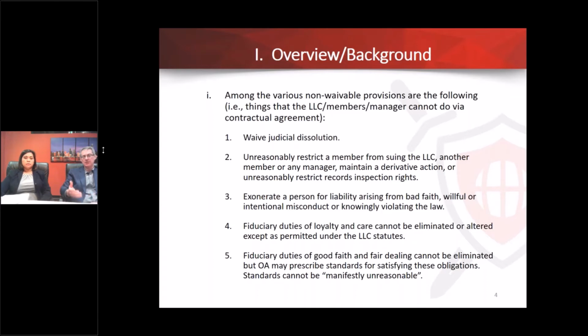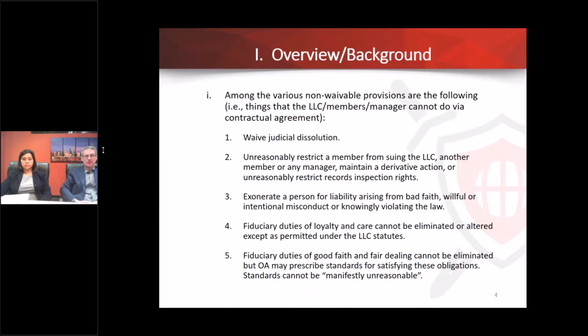These are rules where you can't say, we all agree we don't want that provision, so we're going to change it. There are a few rules in the Florida statute, and it comes from this Uniform Act, that you can't change, even if you include it in the operating agreement.